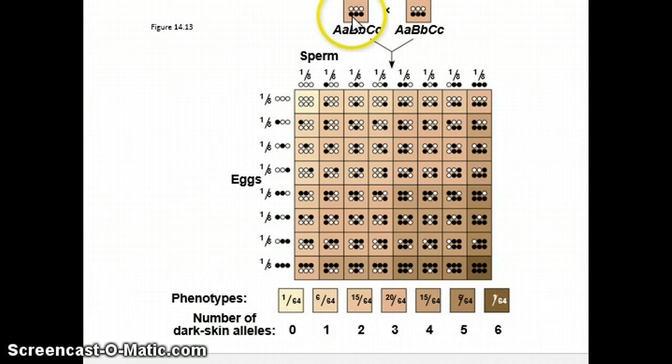In this case, the recessive alleles have little pigment, and the dominant alleles have a lot of pigment. These two heterozygous parents, when they produce their gametes, this is what they end up with. If you end up with a lack of pigment, you are very fair-skinned. But if you get a lot of the dominant alleles between the crossing of these two gametes, then you end up with darker skin. So we have a continuum of everything in between.